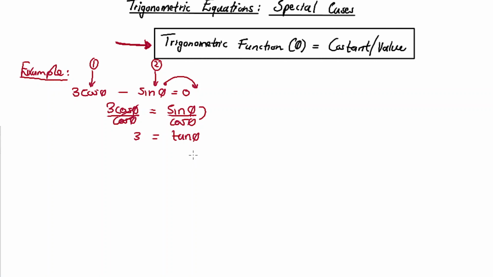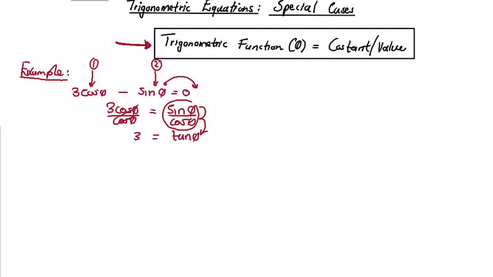Maybe you may be wondering, why divide by cos and not by sine? I know that sine over cos is an identity of tan. So dividing by cos allows me to reduce the equation to one trigonometric ratio, that is tan.